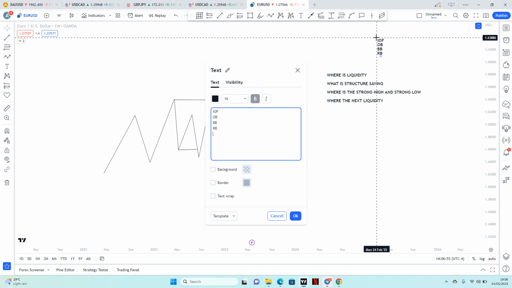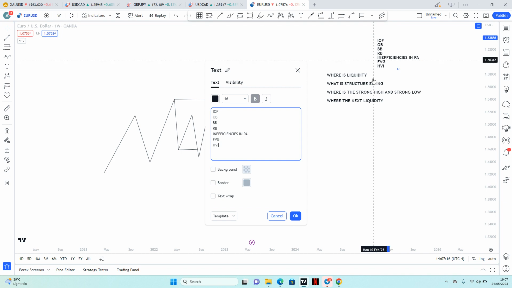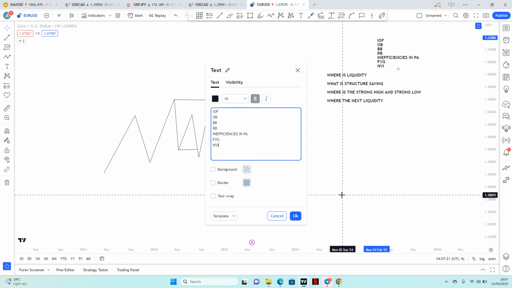And then we should also talk about inefficiencies in price action, which includes the fair value gap and the high volume imbalance. I will only talk about the high volume imbalance in this, before we go into examples so you understand what to look for when you are picking your zone.